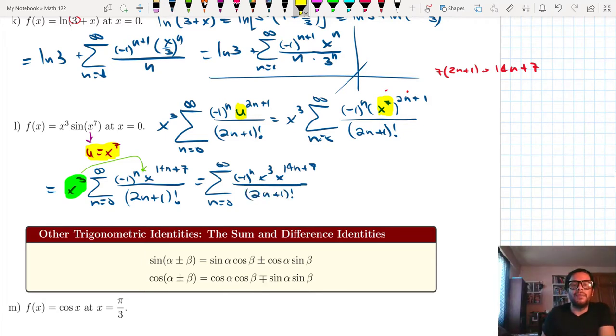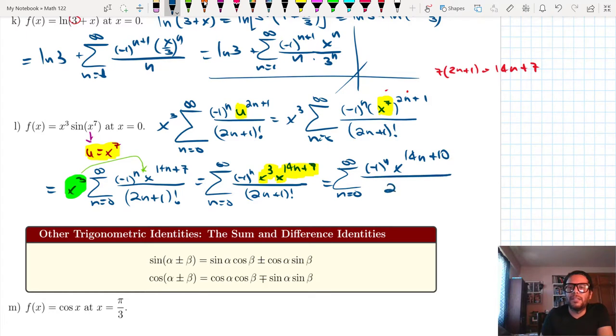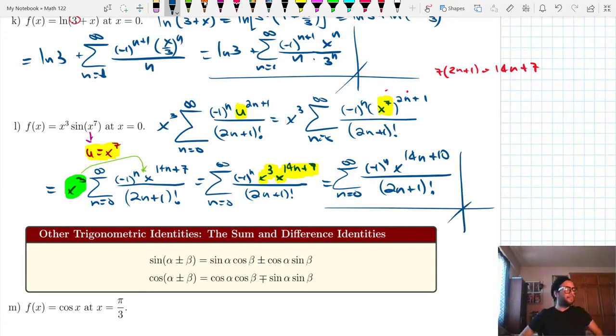I'm going to combine everything in terms of a single base. So I'm going to add x cubed times x to the 14n plus 7, which will give us the sum from n equals 0 to infinity of (-1)^n x to the 14n plus 10, divided by (2n plus 1) factorial. Final answer.